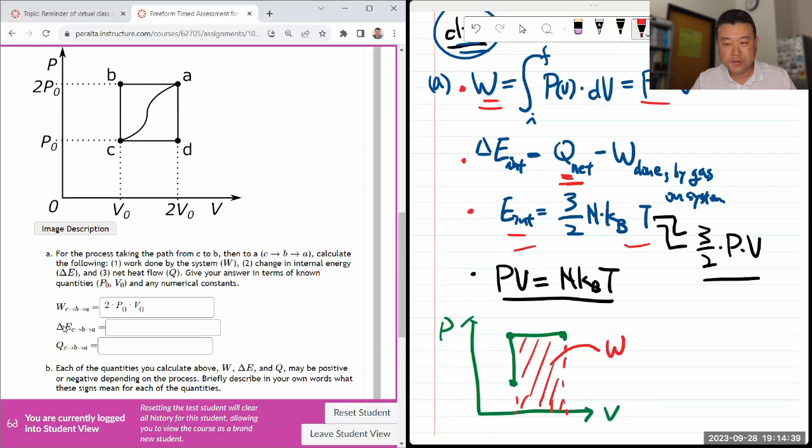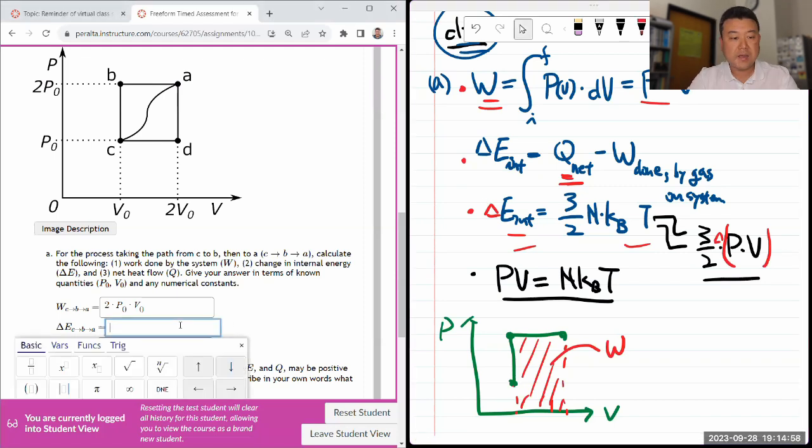Change in total internal energy. If I'm looking for the change, I'm looking for 3/2 times the change of pressure times volume. I can calculate that on the calculator.